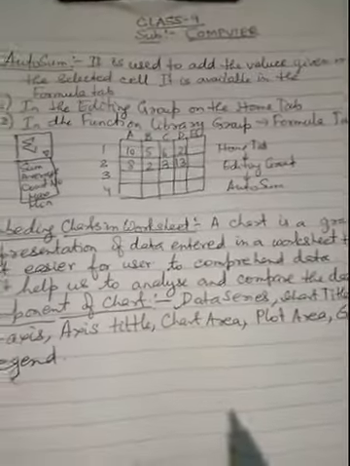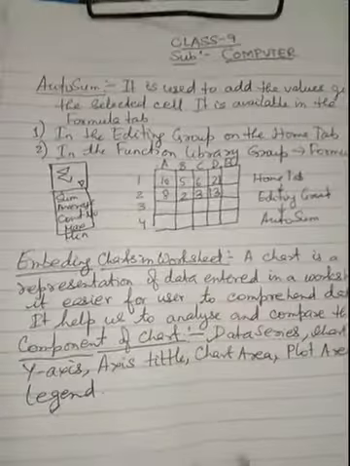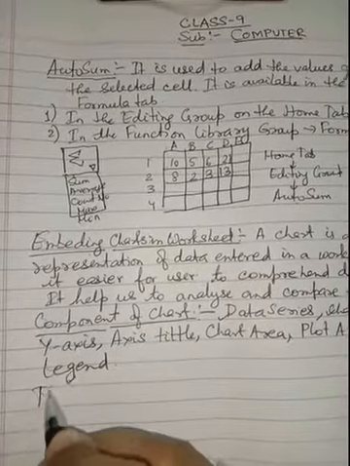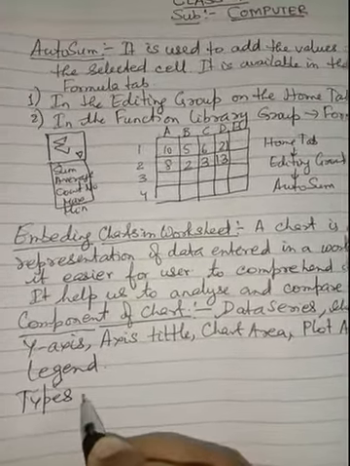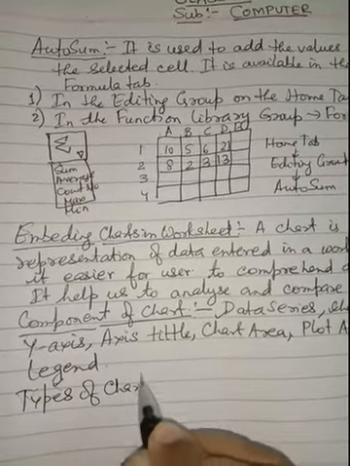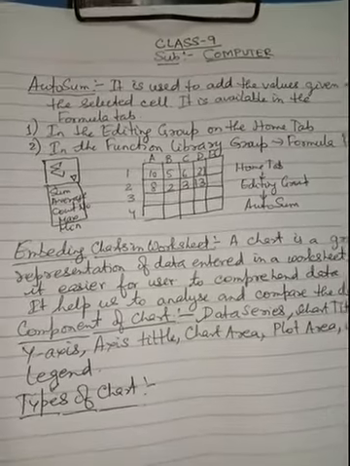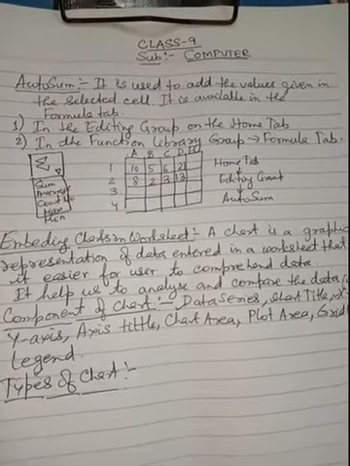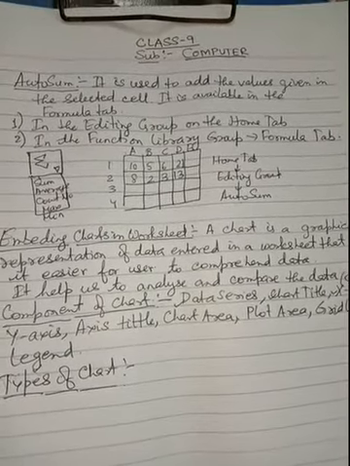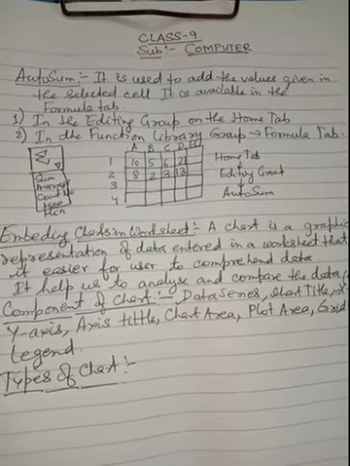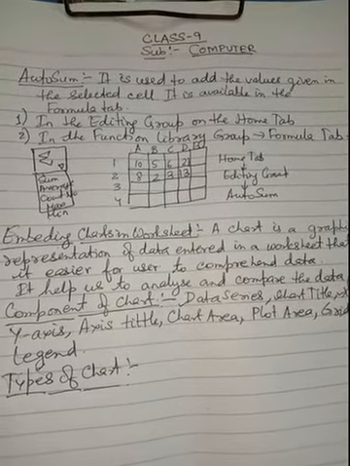Now the next important topic that we are going to discuss is types of chart. There are different types of charts available in MS Excel 2010. Each type of chart has its own specific purpose and application.